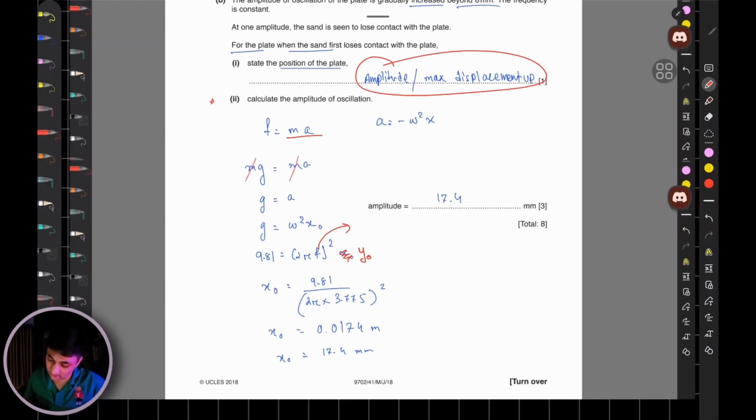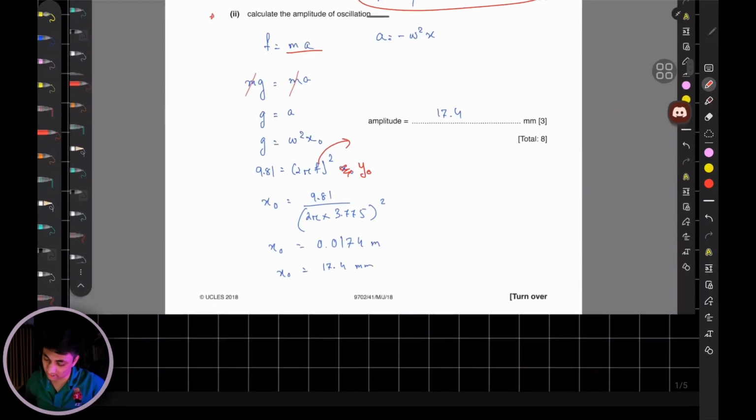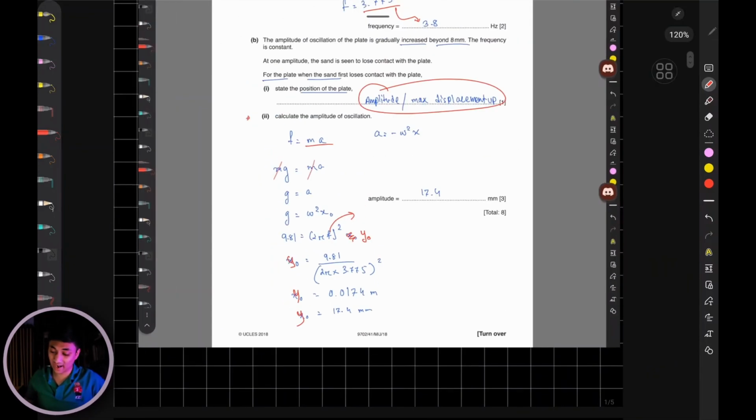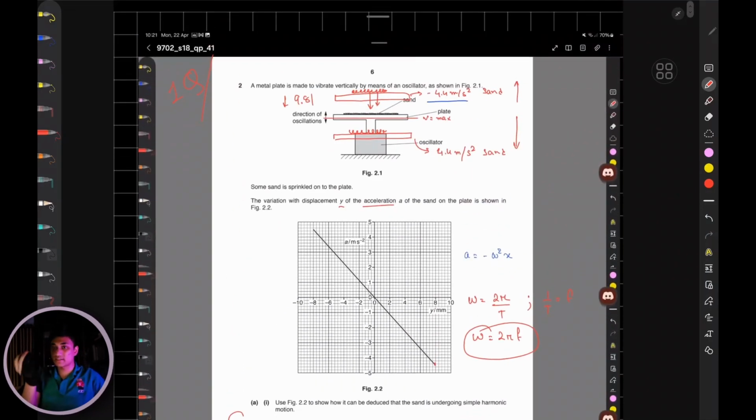You know the frequency from above, I guess 3.8 or something. Yeah, 3.8, 2 pi constant, 9.81 you know. Now make y naught the subject and you're going to find the amplitude of the plate, the maximum displacement of the plate at which the sand particles are going to lose contact with the plate.